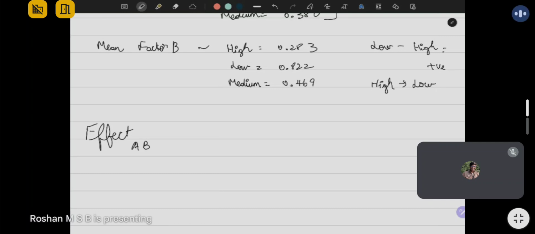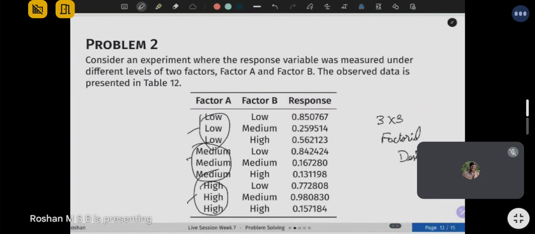So how many interactions are possible here? You have low, medium, high. How many categories? Six?